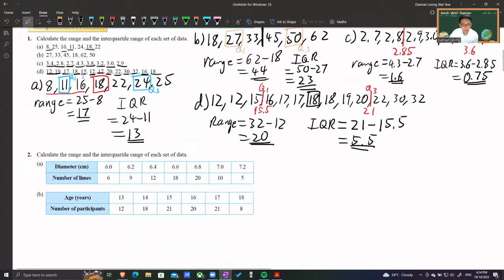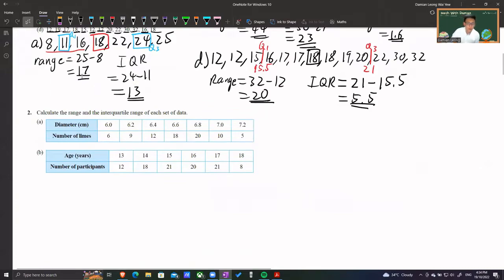Okay. Next, we have a table here. I want to find the range and interquartile range for each of these. Range is very simple. So for part A, I can just take highest value minus lowest value.